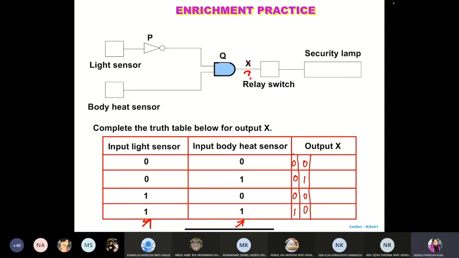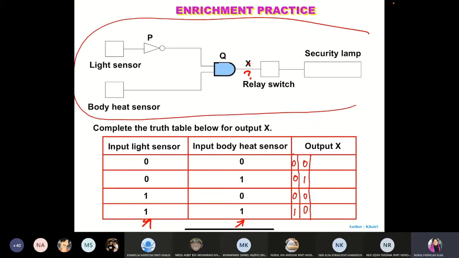So now, it says here, we have a circuit here. This circuit is for a security lamp. We want the lamp to switch on under certain conditions. Now, we have a light sensor.